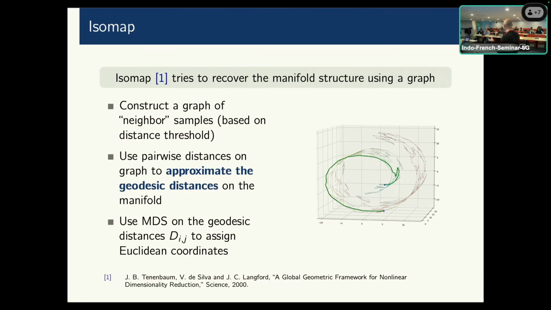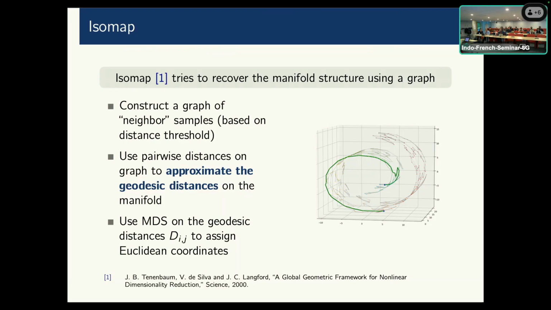I didn't say how to pick the distance threshold when you construct the graph, and this is a critical parameter. There are no known good ways to do this. And there is also one catch: if there is a spurious sample, which happens to be in the middle of the two folds of the ribbon, you may actually have a spurious short circuit between the two folds.